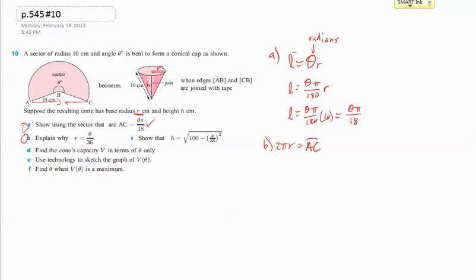And so we're going to say 2 pi times the radius, which is the r, equals theta pi over 18. And so from there we should be able to solve for r. We're going to divide by 2 pi, and when we divide by 2 pi, we notice the pi cancels out, and we get r equals theta over 18 times 2, which is 36.